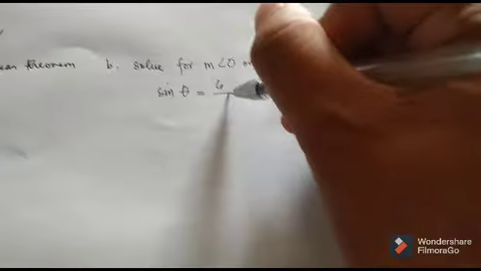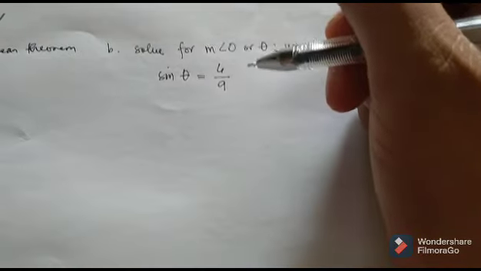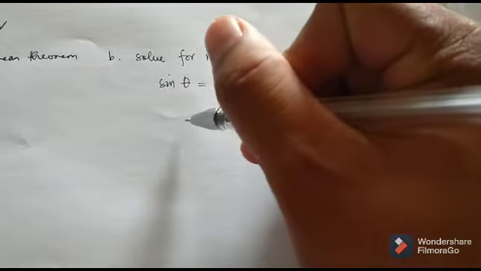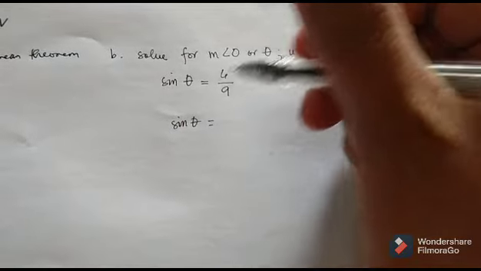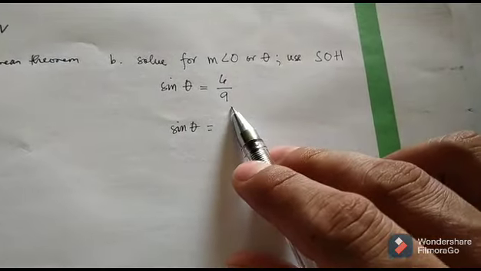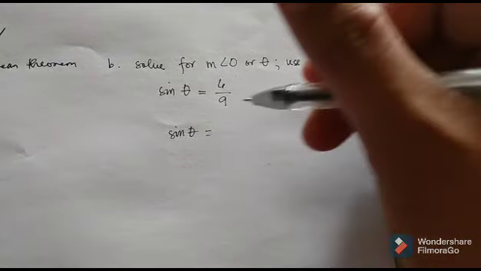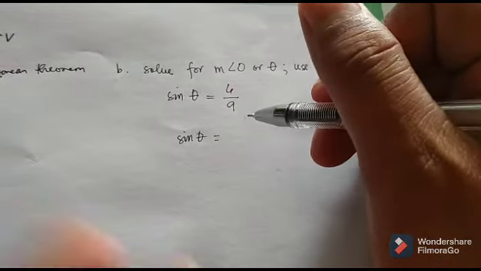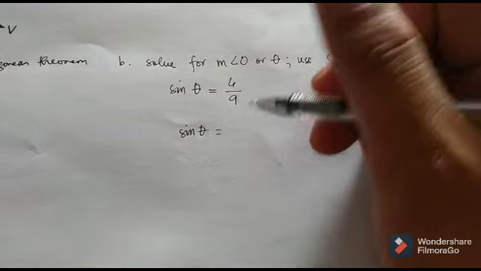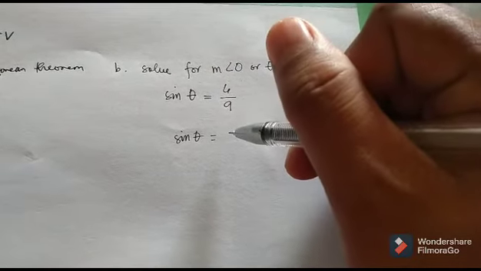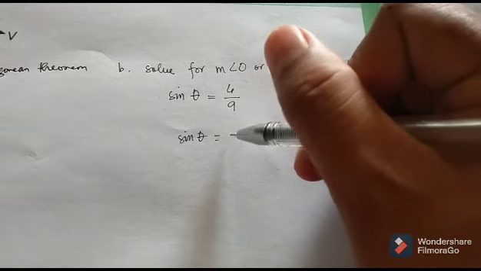So 6 over 9. By simplifying, sine theta is equal to, what is 6 divided by 9? That could be 0.6666. We'll just make use of 4 digits so that we can have an exact value as we simplify.